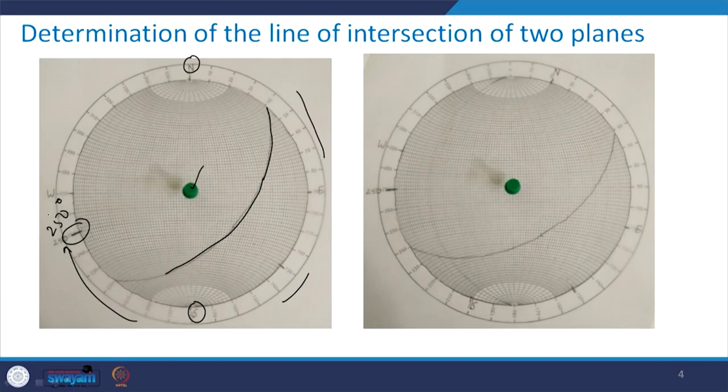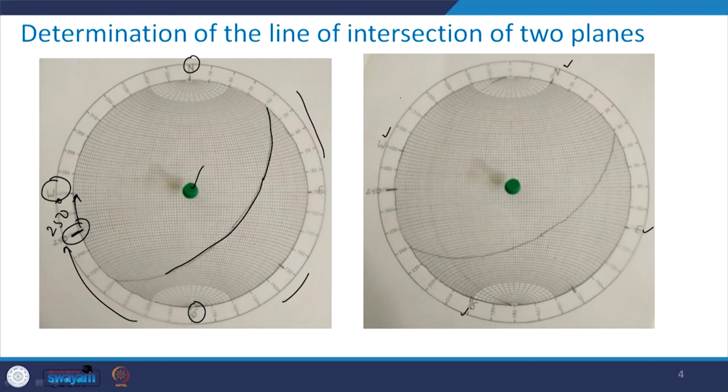Now I need to rotate this 250 degree mark in such a manner that it coincides with this west direction, or 270 degree. So this has been rotated, and you can see that the north has been rotated by 20 degree, likewise east, south and west.